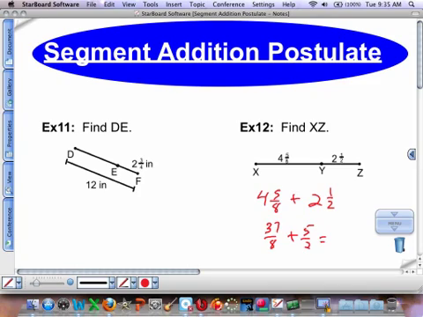For the common denominator, times 4, so that'd be 20. So 57/8. I'd leave it just like this, 57/8.